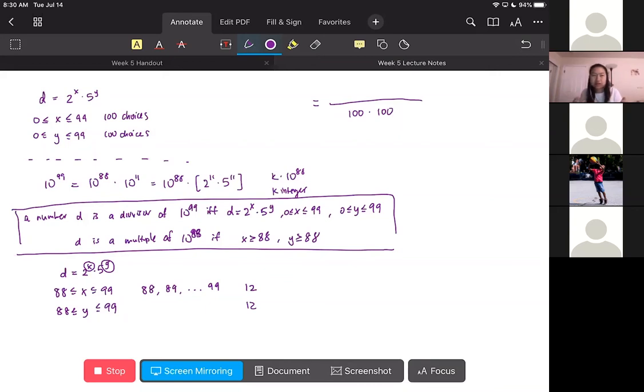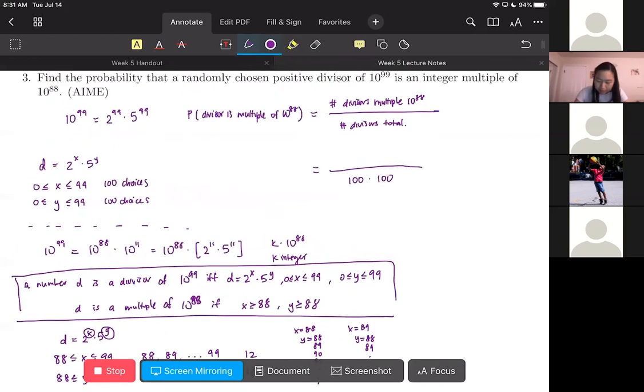The intuition is that if x is 88, then y can be 12 different numbers: 88, 89, 90, 91, etc. If x is 89, we have the same thing. So you get 12 values for x, and for each of those there are 12 values of y, so you multiply them together.